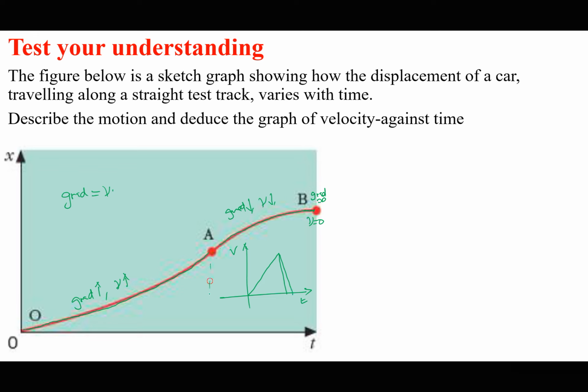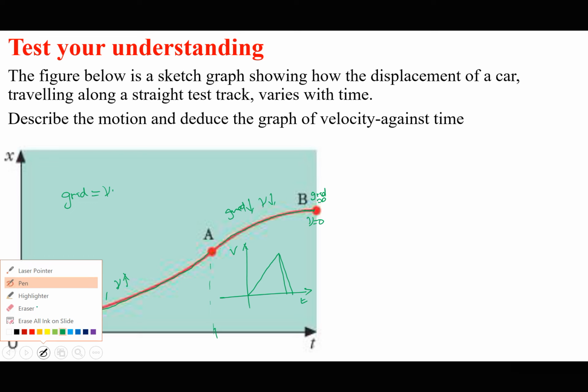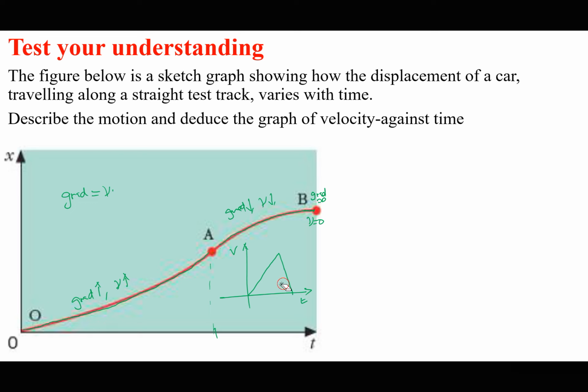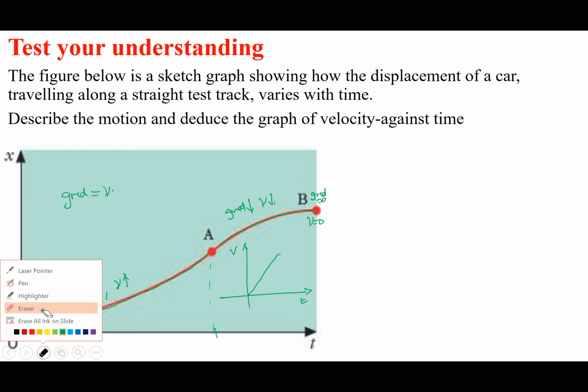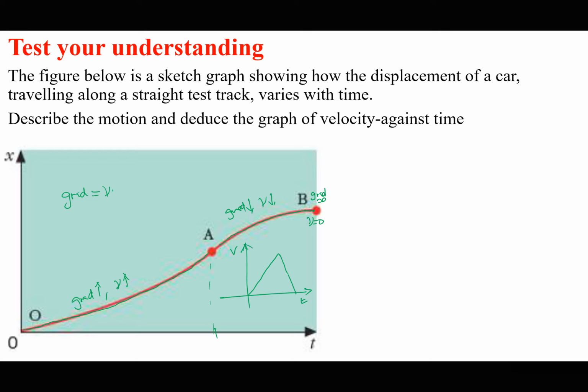The time from O to A is bigger than from A to B, so it should take a shorter time to go back to 0. Okay, so the velocity time graph may look something like that.